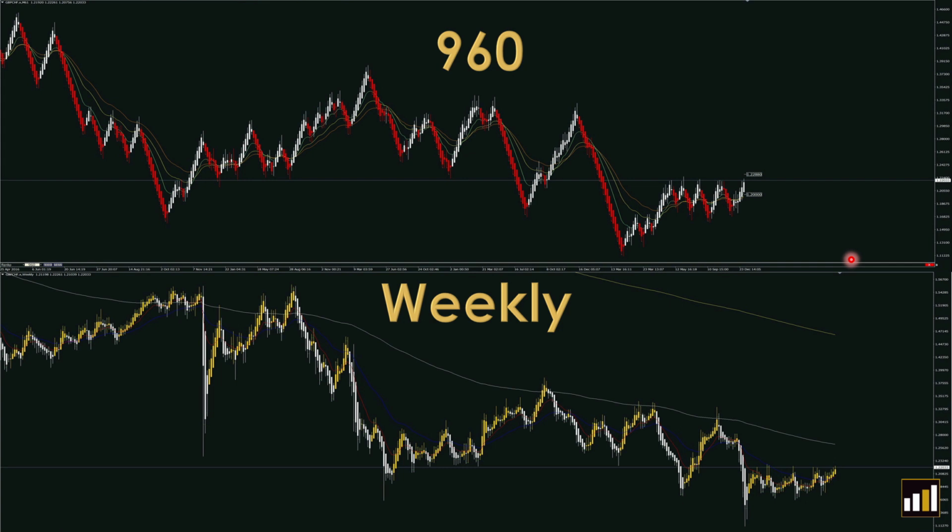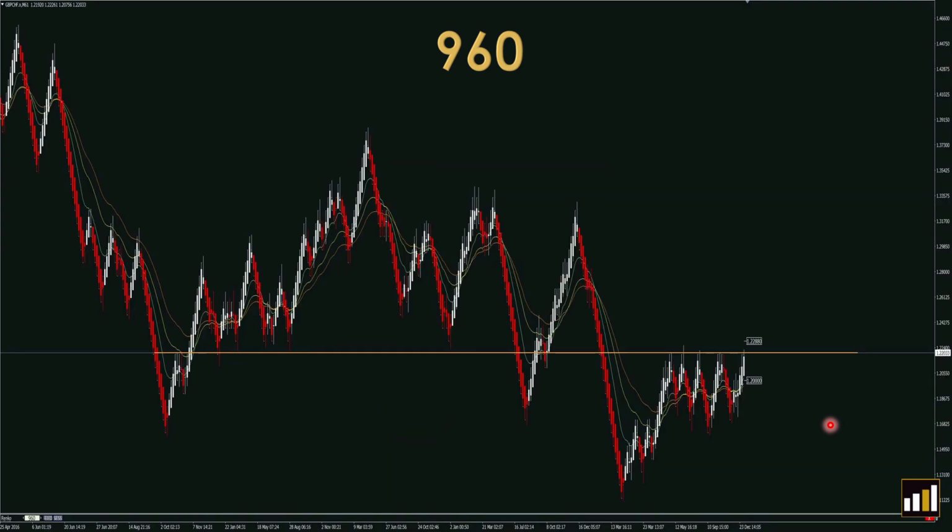If we can't find direction on the 480, we can look at the higher time frame, the 960 or the 96. That is equivalent or very similar to your weekly chart. And again, we have our 200 moving averages here. We have our 633s and then our standard 36 and 12 EMAs there. But then again, we are looking mainly at the EMAs for targets. So this is our 960.